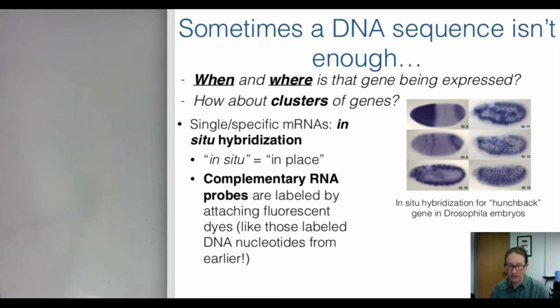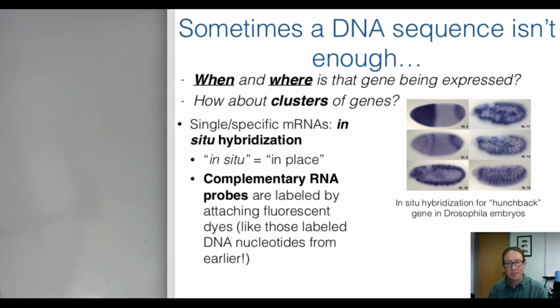And when you develop these RNA probes, the probes are also labeled with a fluorescent dye. So that relies very much on the same technique as I showed for the labeled nucleotides used in DNA sequencing earlier.